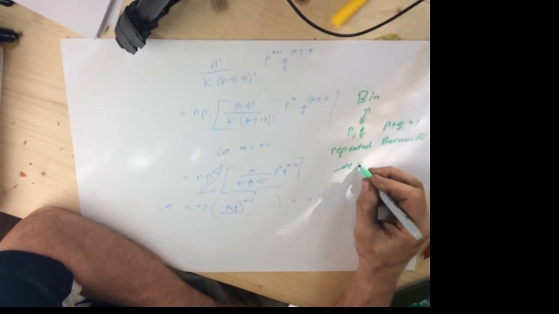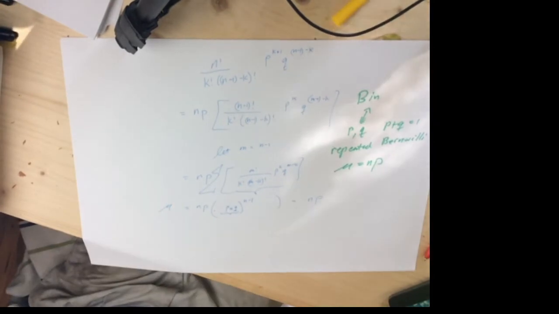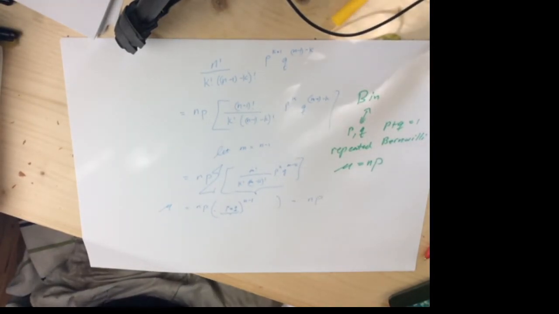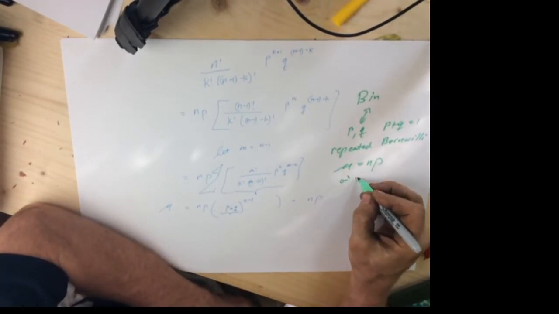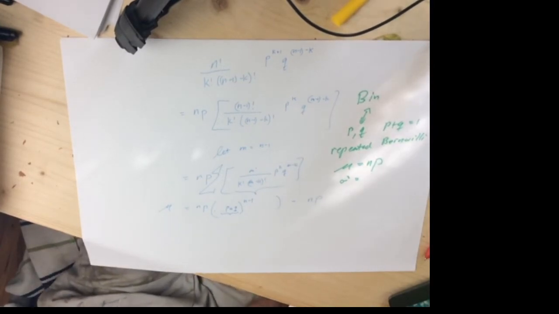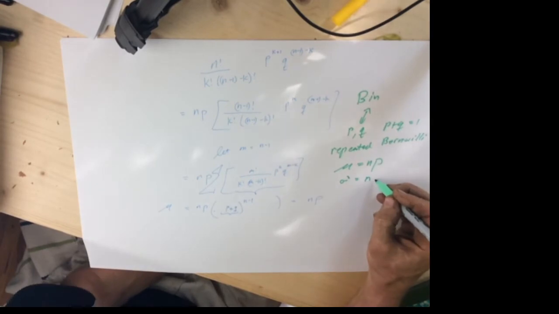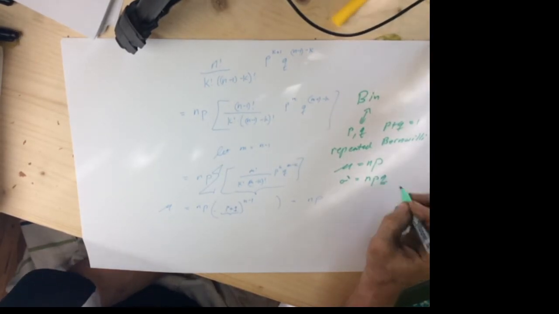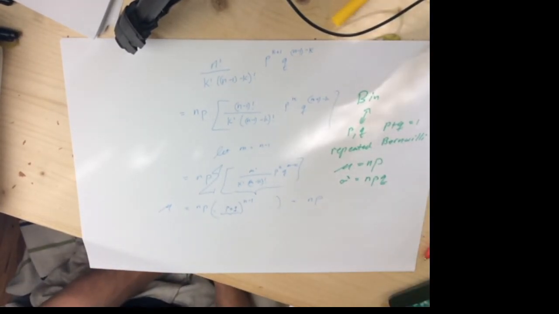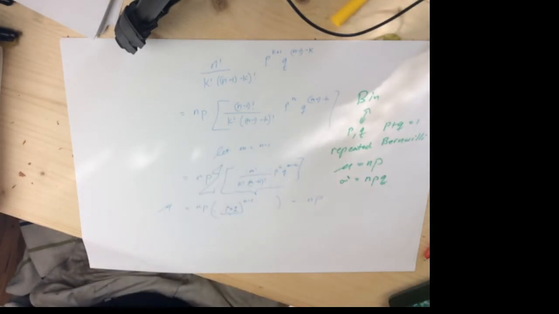We know the expectation is np. In the book, they have the variance, and the variance for the Bernoulli binomial really works out well, npq. So it's a very nice system, this one.